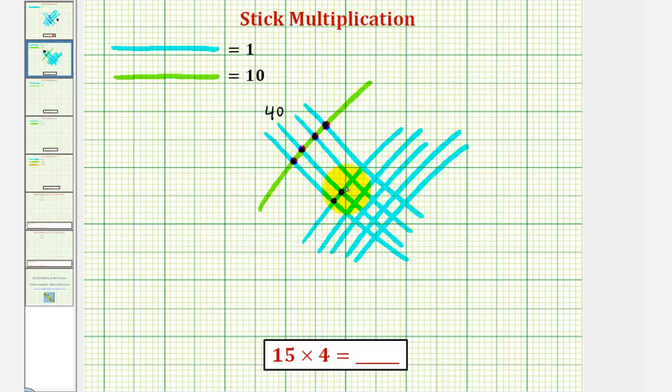So here we have 1, 2, 3, 4, 5, 6, 7, 8, 9, 10, 11, 12, 13, 14, 15, 16, 17, 18, 19, and 20. So 15 times 4 is equal to 40 plus 20, or 60. 15 times 4 equals 60.